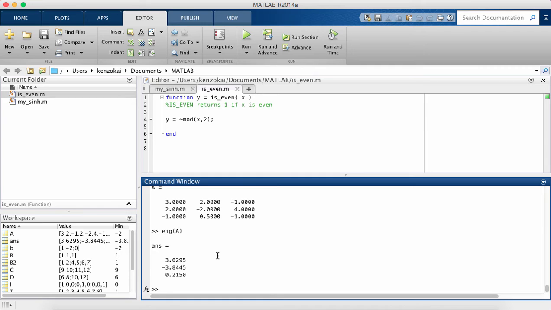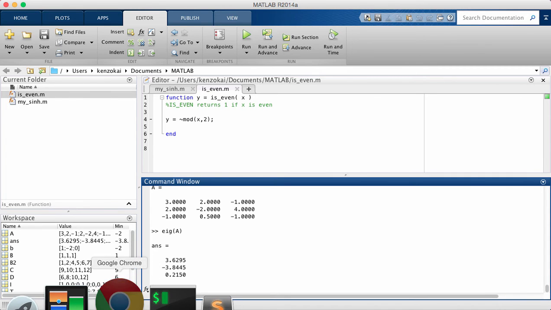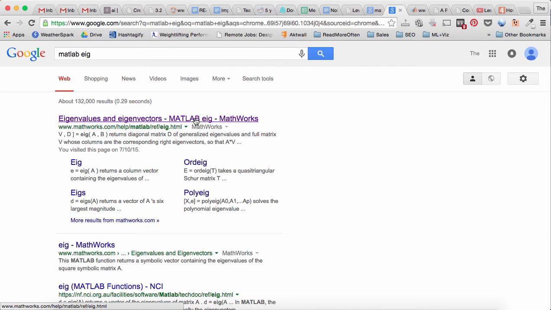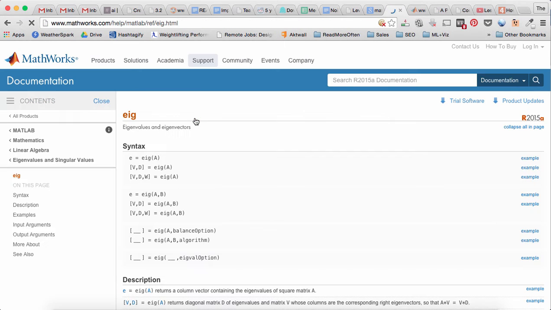Now when we compute eigenvalues, we usually want the corresponding eigenvectors. One interesting thing about Matlab that differs from other languages is that what is returned by the function is not set in stone, it's dynamic.